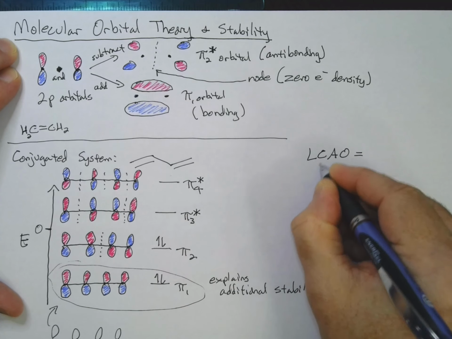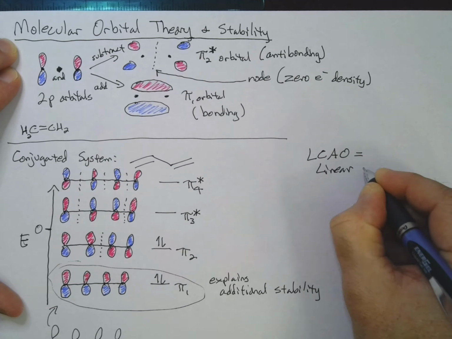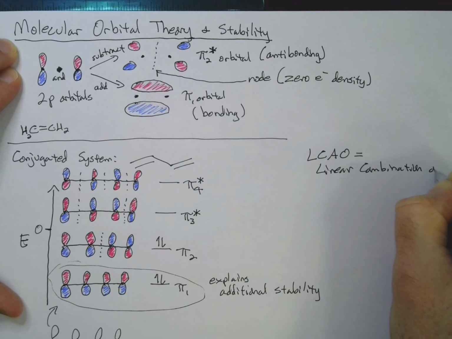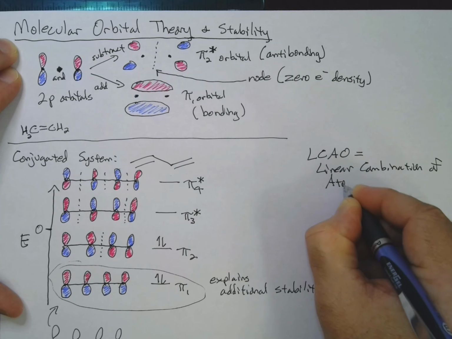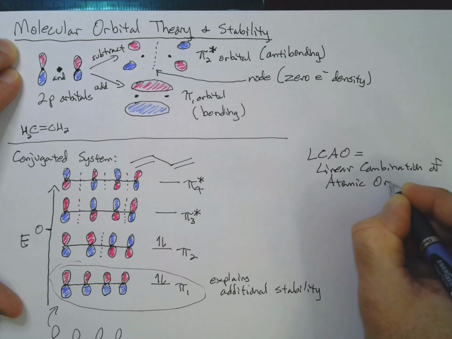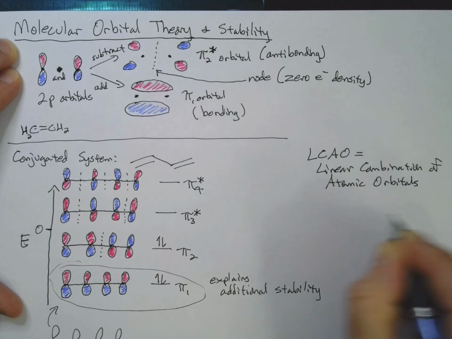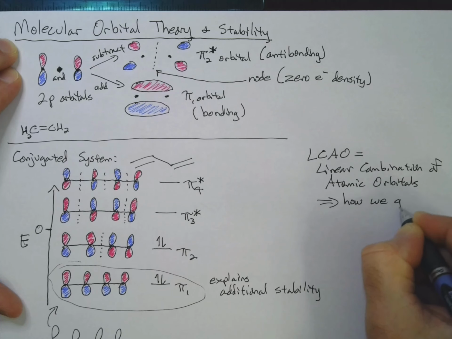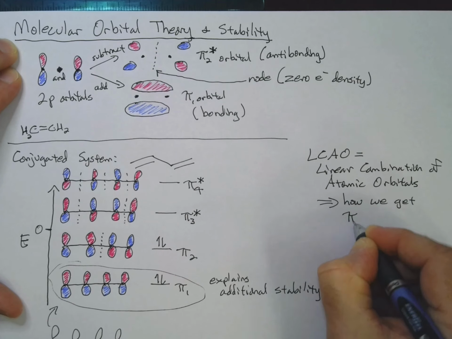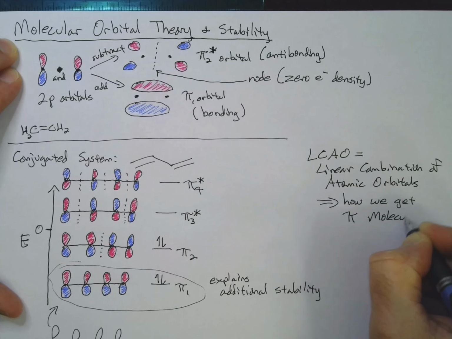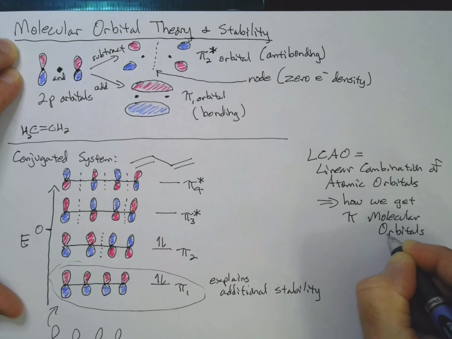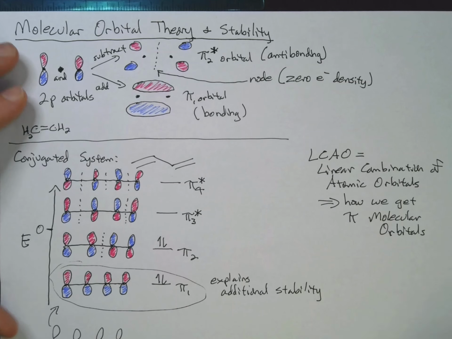LCAO equals linear combination of atomic orbitals. And that's how we get pi molecular orbitals. We're just adding or subtracting them in different combinations.